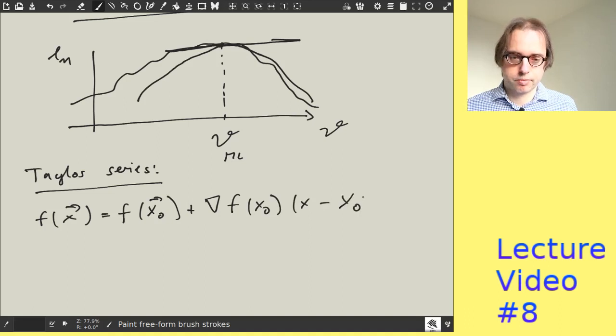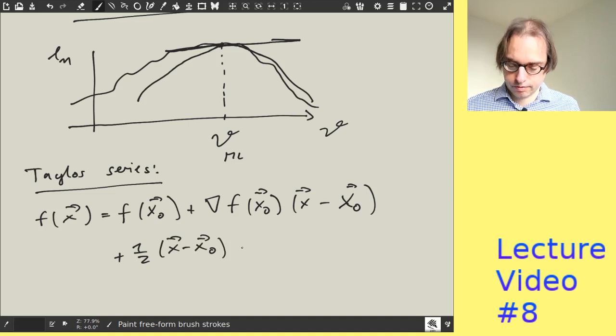So we've seen this before when we did the expected Fisher information. So this is the linear term, and then we also have a quadratic term where we have the Hessian matrix.